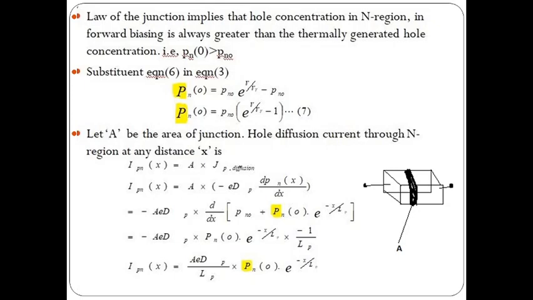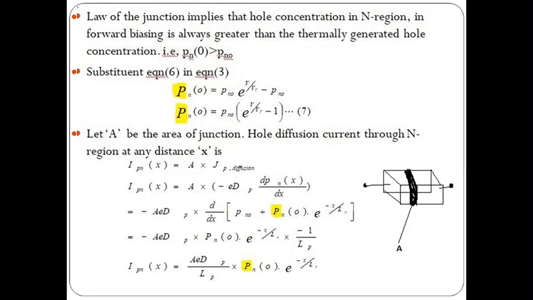In diffusion and drift mechanisms we know phi P equals minus D into dP, the concentration gradient. So Jp diffusion is replaced with minus E D dPn of x by dx. This is the concentration gradient.